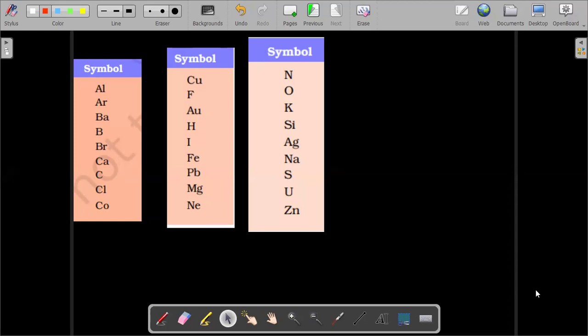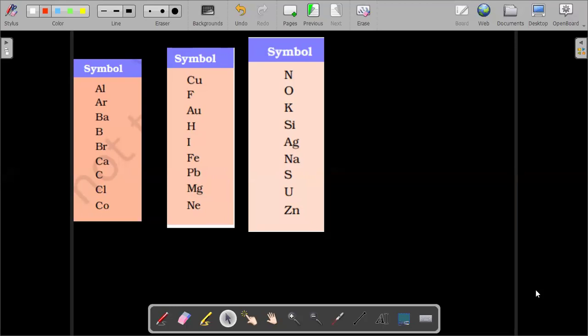Sampath will continue. K, potassium. Silicon. Ag is argon? No, Ag is silver.